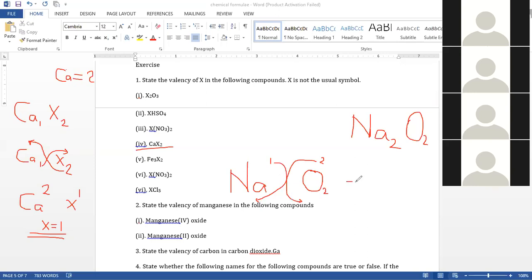So I said we should write this as Na, that 2 has come, and O2. Since there are 2 atoms of oxygen, I can put a bracket, then we put 1. But you see, 2 and 1, there is no common ratio. So do we need to write 1 in chemistry?